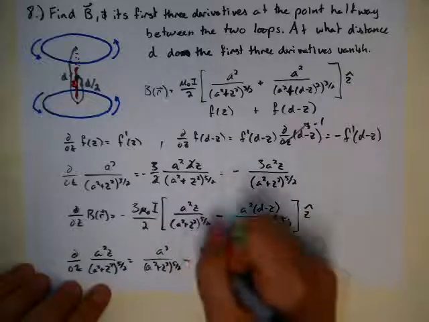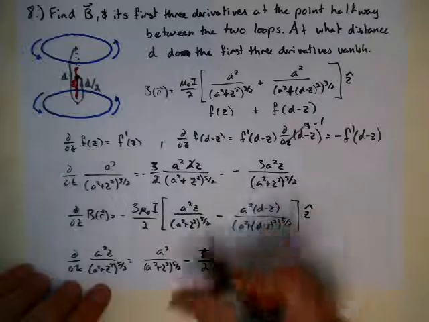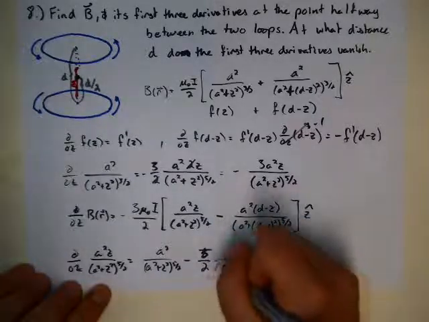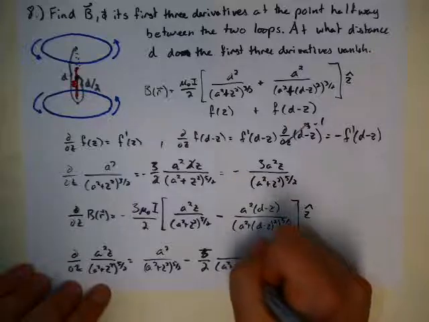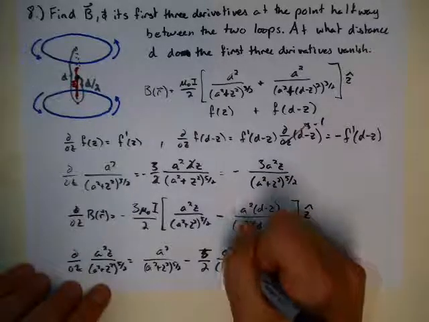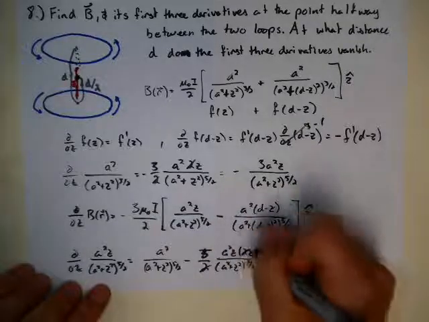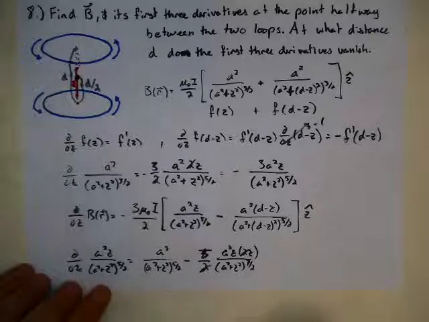But if it hits the bottom, I'm going to get minus 5 halves over a squared plus z squared to the 7 halves. And we're going to get a squared z times 2z on top. The 2's are going to cancel, but we're going to get a squared z squared.